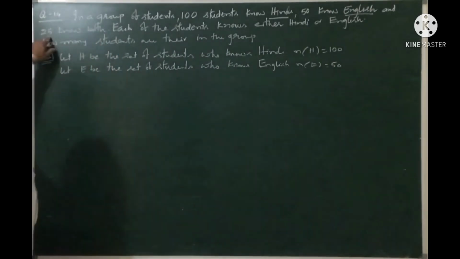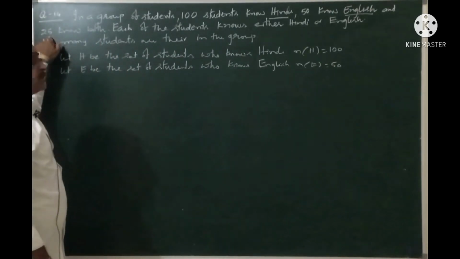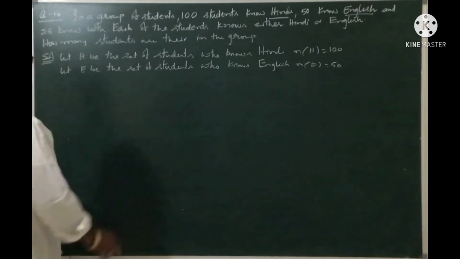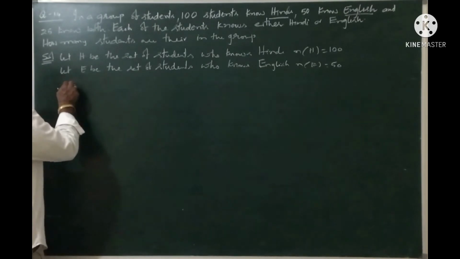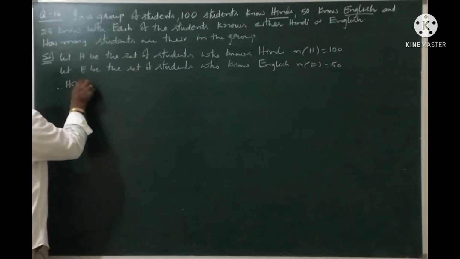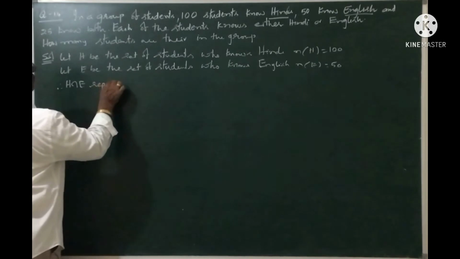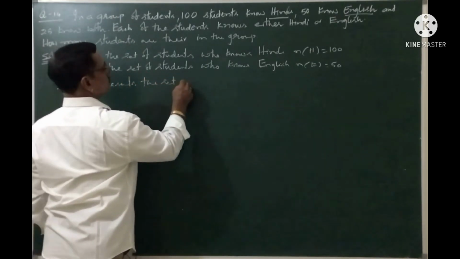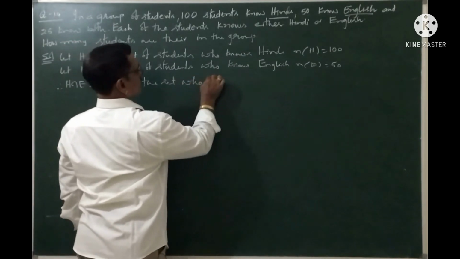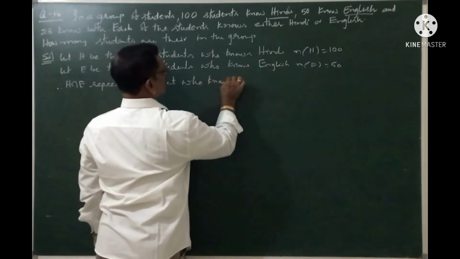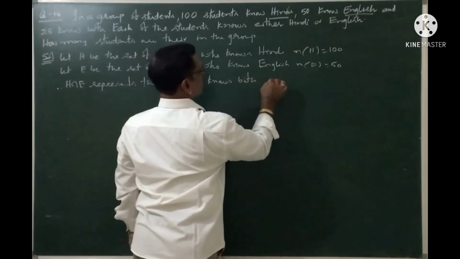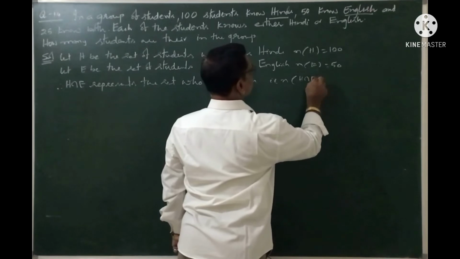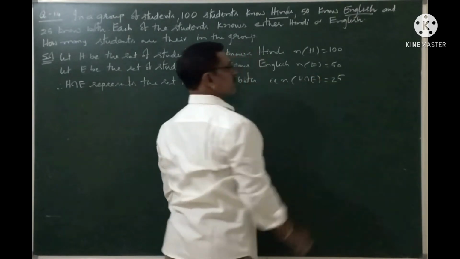And what is this 25? 25 students know Hindi and English both. Therefore, H intersection E represents the set who know both. H intersection E is equal to 25.